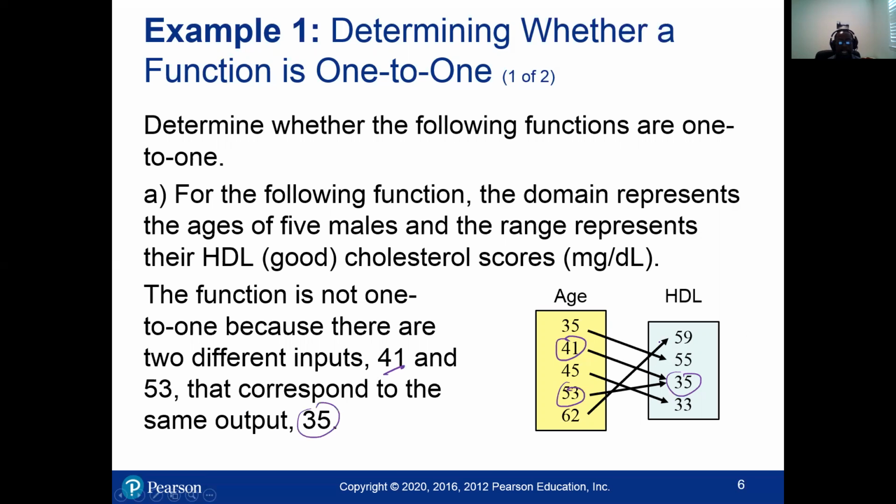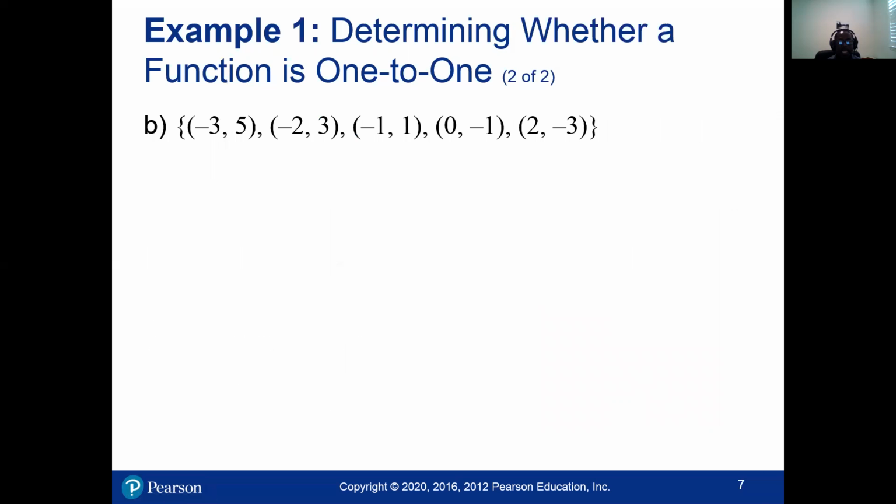The same output, which is 35. The second one, now we are looking at the domain and the range. We are looking at every pair. Is there any input that has two outputs, or any two inputs that have exactly one output?